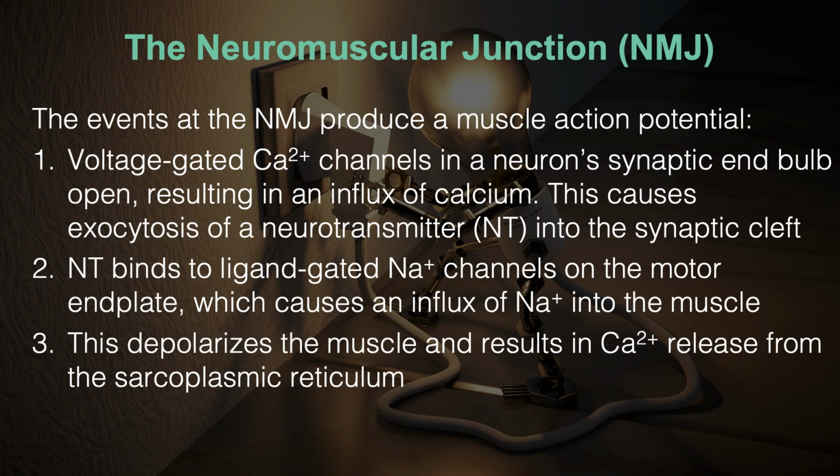An action potential is generated, and it spreads across the surface of the muscle cell. All the events that you know in the propagation of an action potential down a nerve occur here. Sodium rushes in, depolarizes the muscle cell, and spreads across the surface of the membrane.